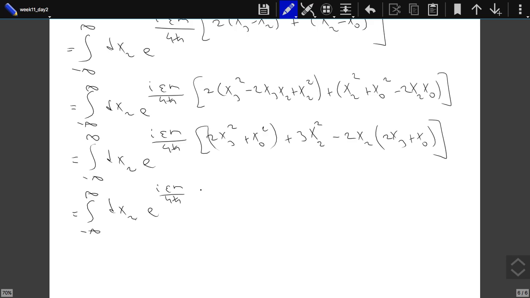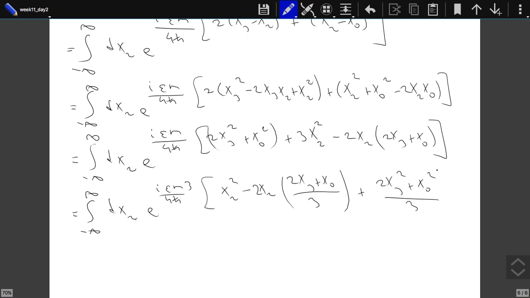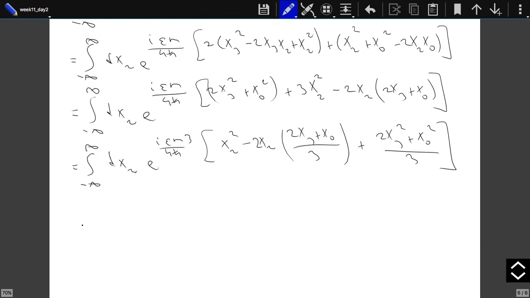I will take that 3 out, 3 over 4h bar. So x2 squared minus x2 minus twice x2 times twice x3 plus x0 over 3, plus twice x3 squared plus x0 squared over 3. Now I can take the x2 integral. The Gaussian integral just gives me the square root of pi times 4 h bar over minus i 3 epsilon m.